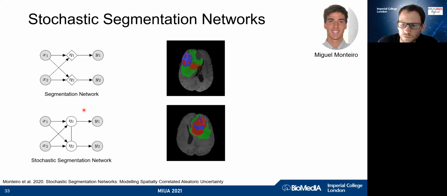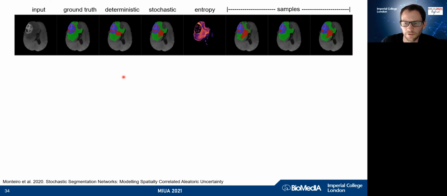What it allows you to do now is to sample different output predictions. So here you see how the samples do show spatially varying and spatially consistent variations. And the idea behind SSNs is to be able to produce multiple plausible segmentations that are diverse.